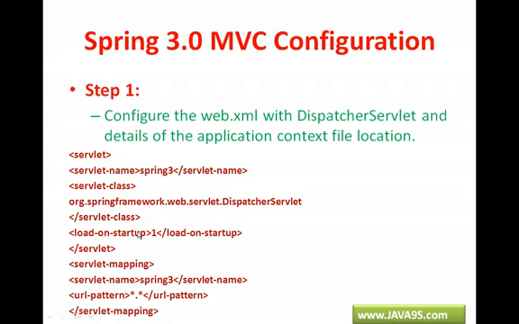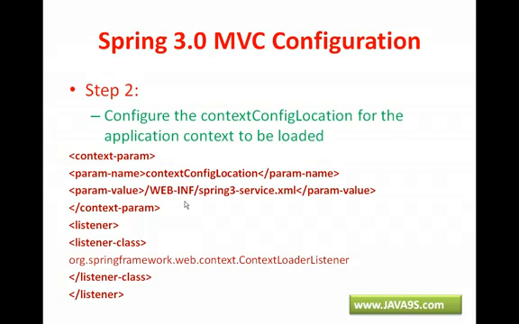So when the application starts, this component will be loaded first, and this leads to the initialization of all the components that are needed by the framework to process the request. So here I have given that any URL with any extension needs to be handled. Apart from the configuration of the dispatcher servlet, we should also configure another XML in the context config location.